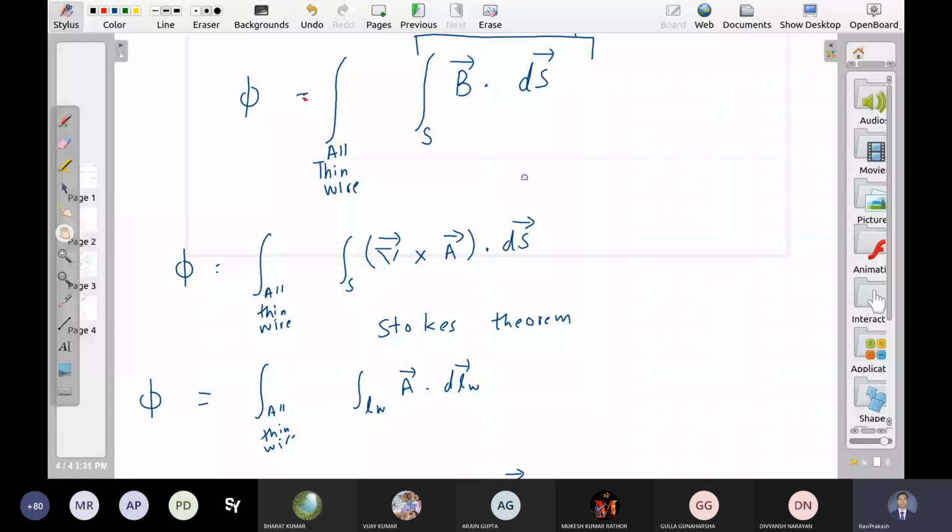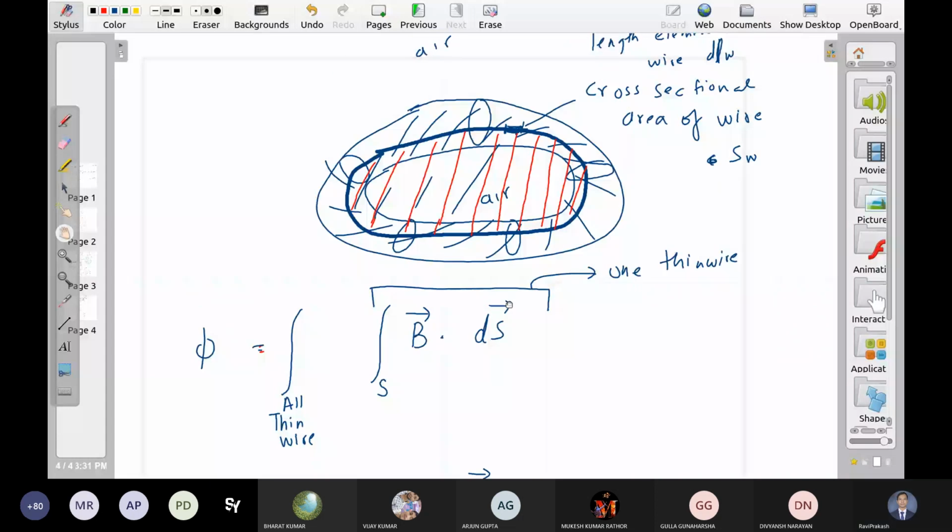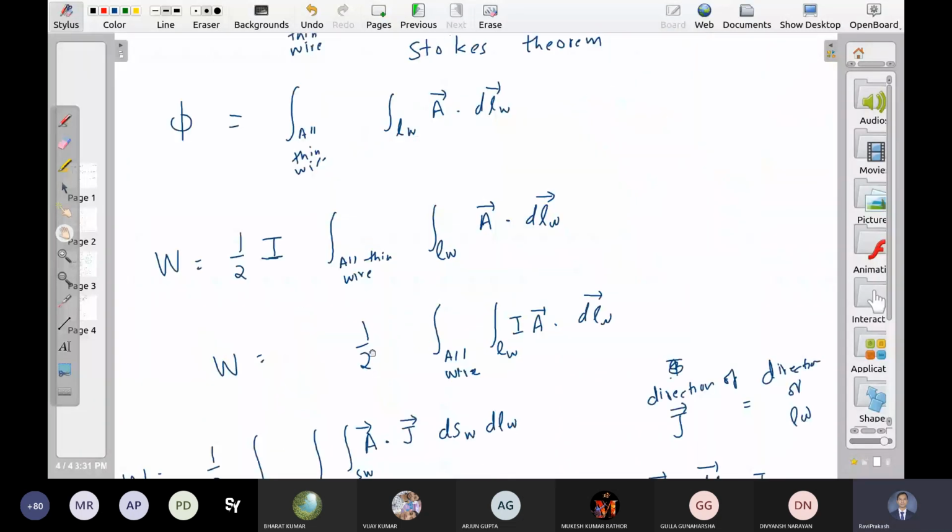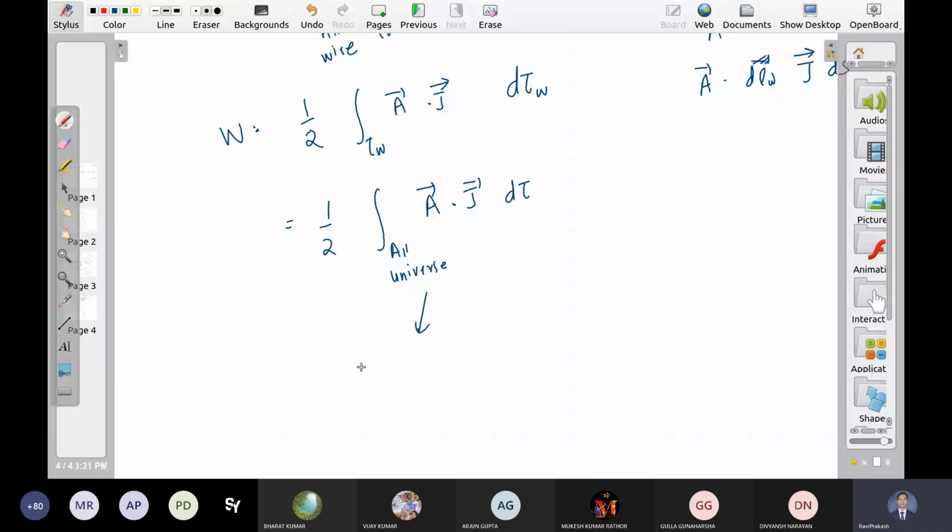First part consists of the volume where you have the wire. इस ऑल यूनिवर्स को दो पार्ट में ब्रेक कर सकते हैं आप। पार्ट 1 सेम एज बिफोर d tau W पर, पार्ट 2 remaining universe. So part 1 is the same as the previous integral.